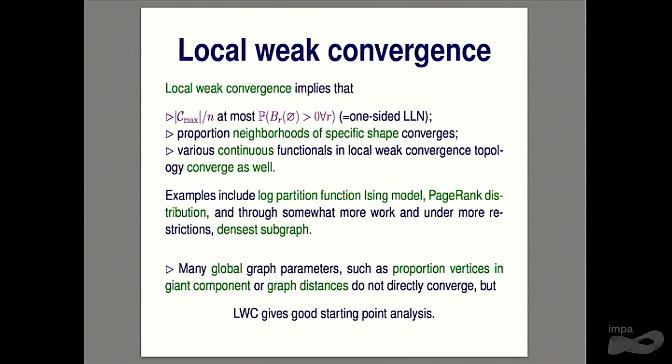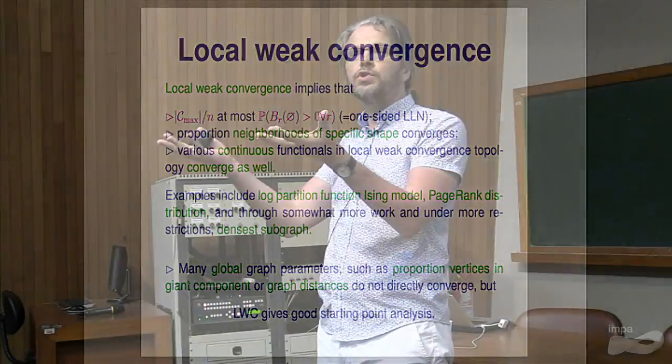So for example, if I want to investigate the graph distance between two vertices, what I could do is take these two uniform vertices and grow their R-neighborhoods for some R pretty large. If we're in the giant component, and these R-neighborhoods are really described by a branching process, then at the end of the game, I will see lots of vertices on the boundary.